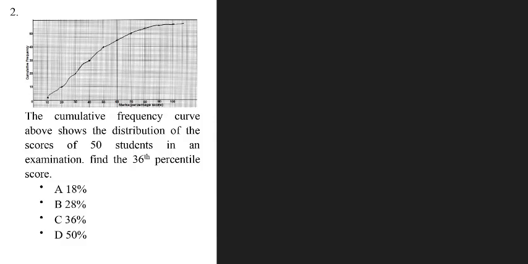Now in order for us to know this point, it will be important for us to know the small boxes between these larger boxes. Of course, there are 10 small boxes between them. So on the horizontal axis, that's the mark axis, you want to know the small boxes because it's important.